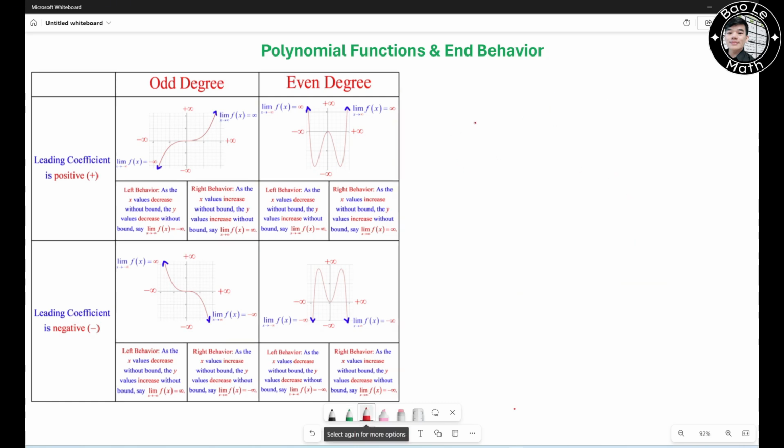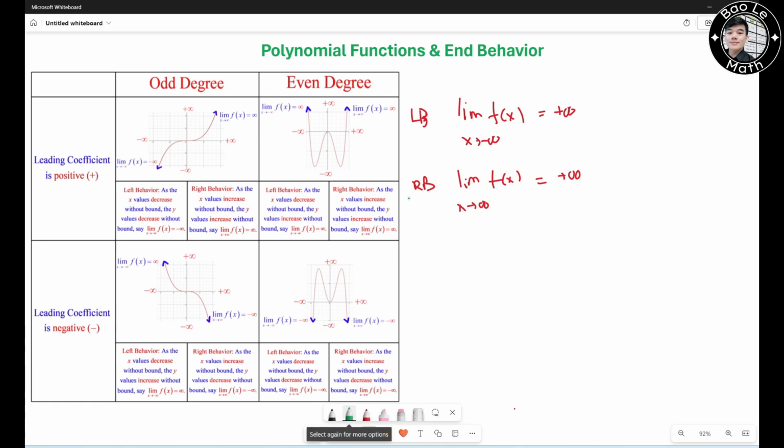Let's move on to the next example. So for example, if you are given the left behavior, limit of the function f of s when s approaches negative infinity is positive infinity, and limit of the function f of s when s approaches positive infinity is positive infinity, right? So this is left behavior and this is right behavior, right?